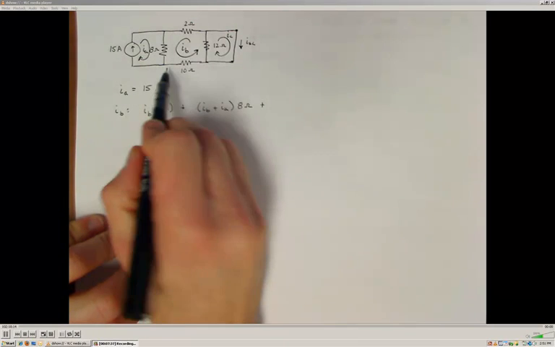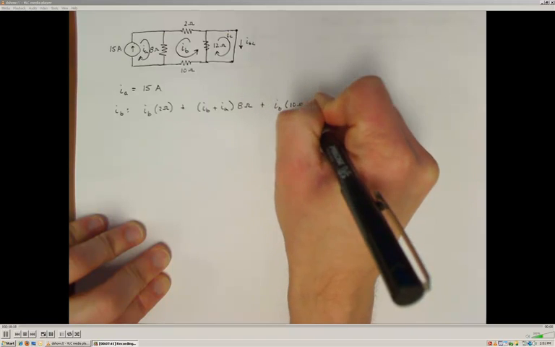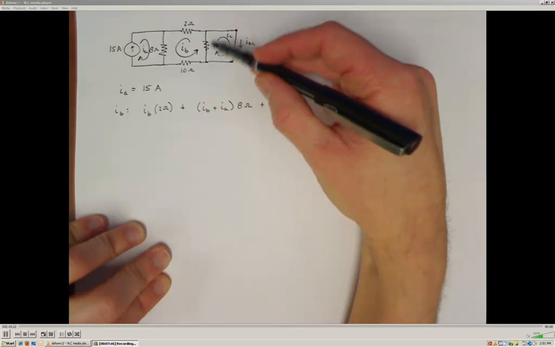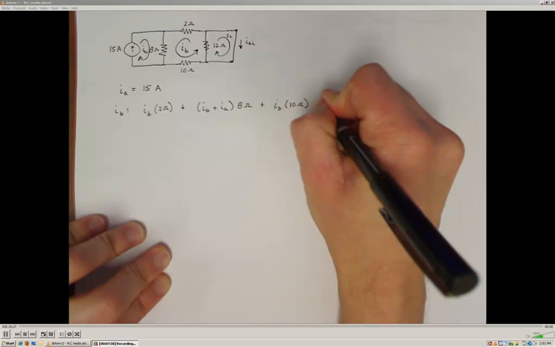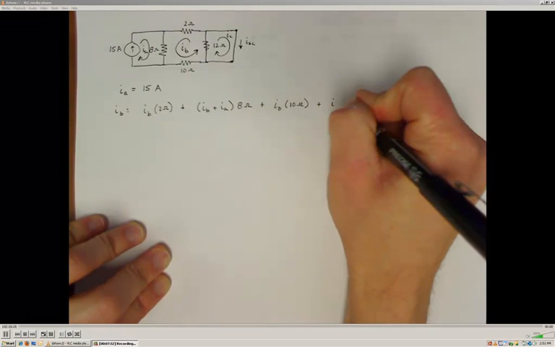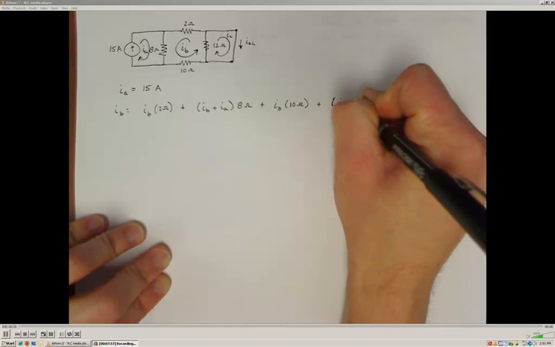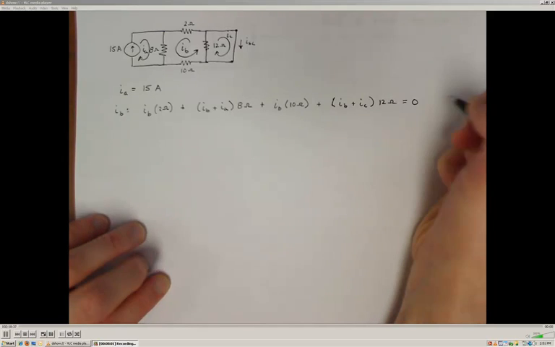The only current flowing through the 10 ohm resistor is IB, so IB times 10 ohms. Alright, and the way that I've assumed my current direction here through the 12 ohm resistor is that both IB and IC are additive. So I'm going to take IB plus IC, multiply it by my 12 ohms. All of that has to sum to 0.